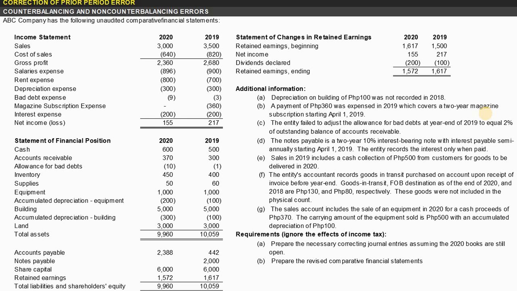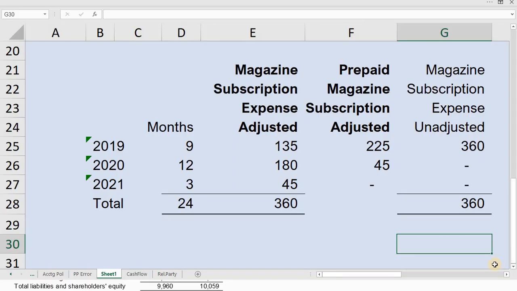So now let us analyze what is the effect of the 360 peso error on net income and retained earnings. Let us use these computations to analyze the errors made by the entity and the correct accounts that should have been recorded by the entity.